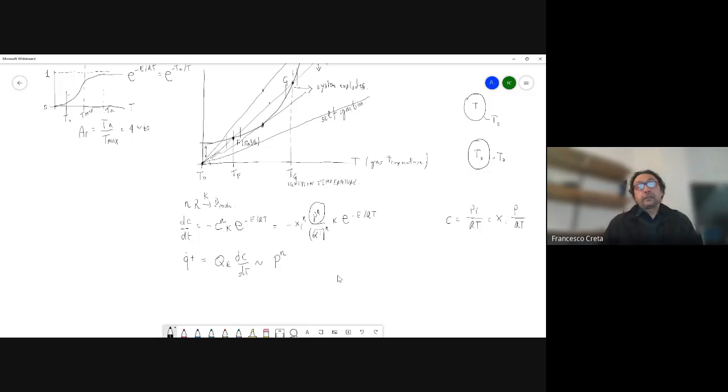And so what does that mean? Well, it means that if we have the same graph as before, this is Q minus, and we have our Q plus.